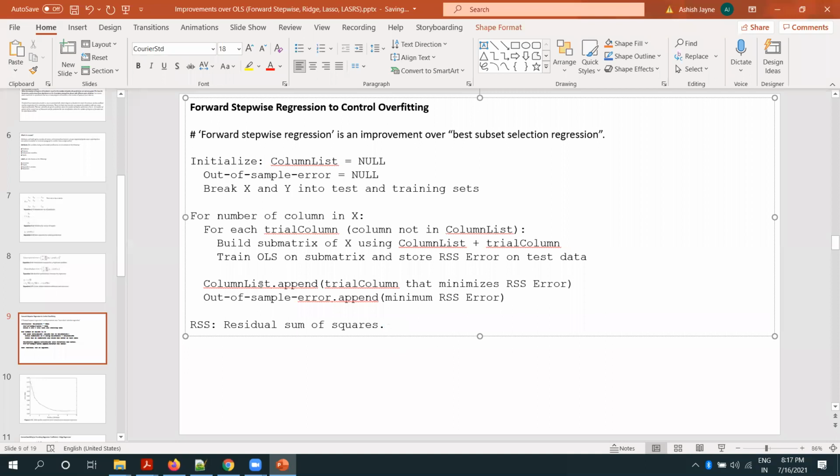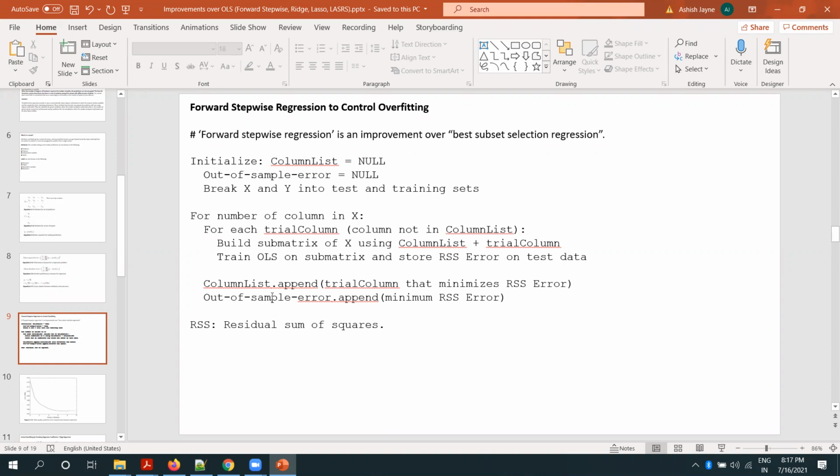Now, when you do that for each trial column not in the column list, once you're done doing this, you are done with selecting your trial column.